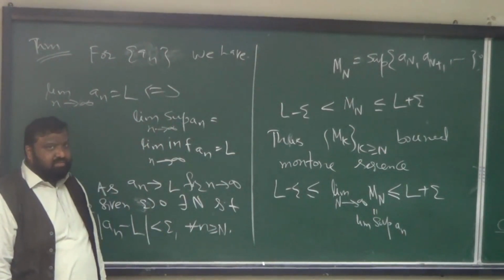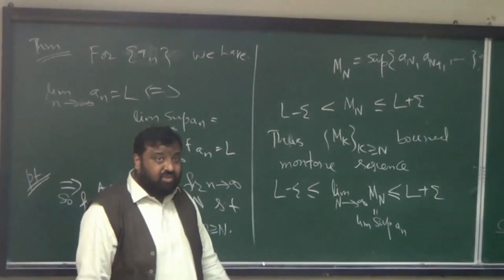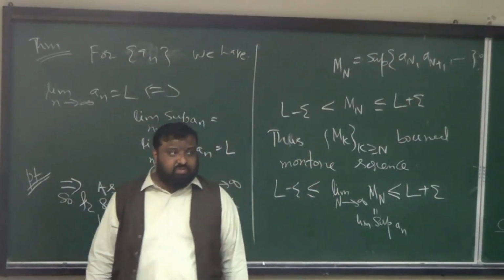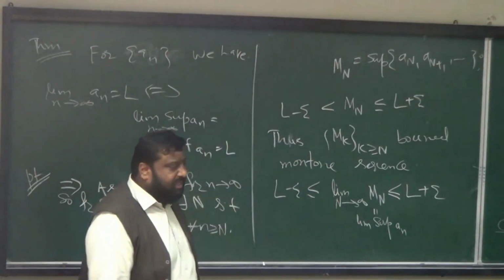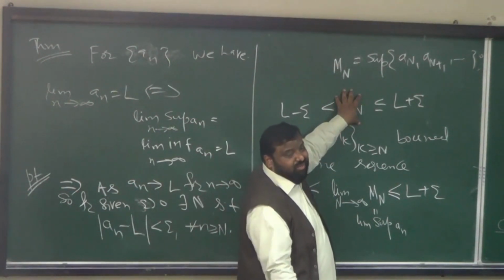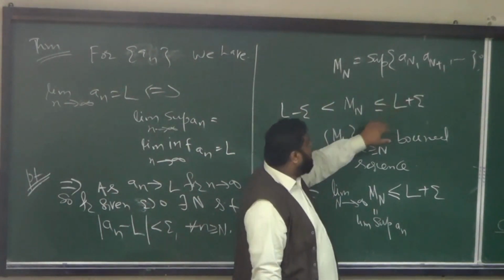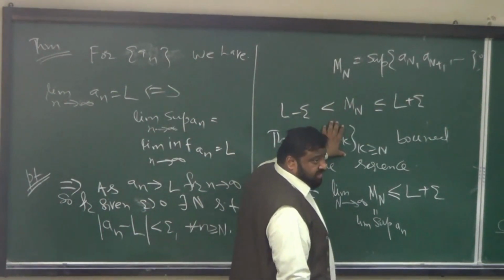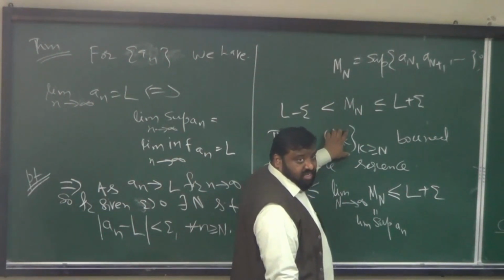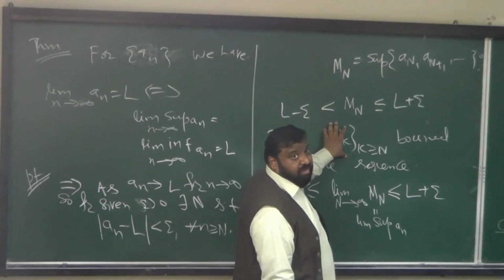And since it's an infimum, it can be equal to L minus epsilon. Exactly. So therefore it could be equal to L minus epsilon. Is it making sense? If we are convinced that this Mn must be between L minus epsilon and L plus epsilon, it is a term in this sequence. And the lim sup is the infimum of this sequence.